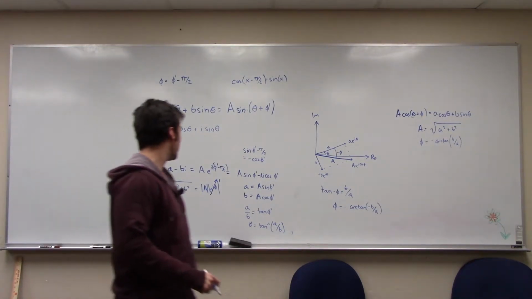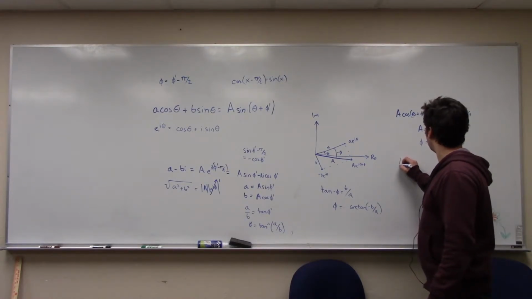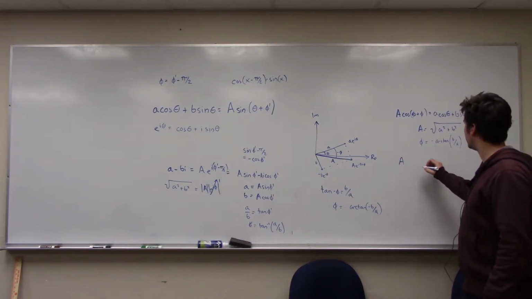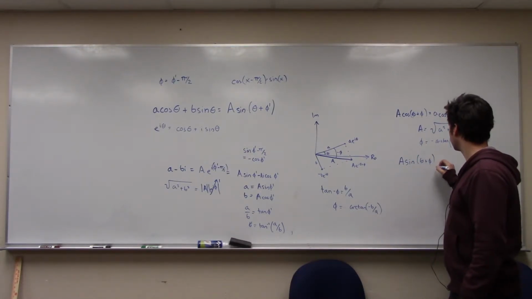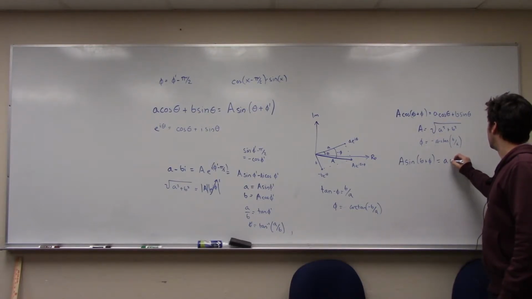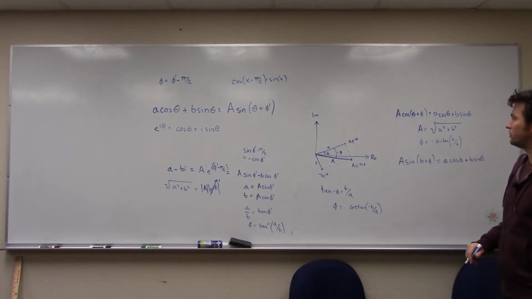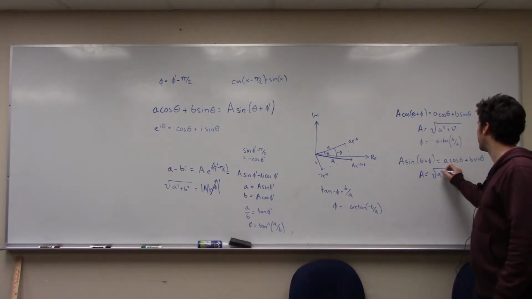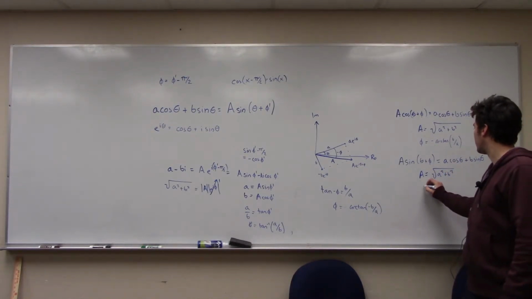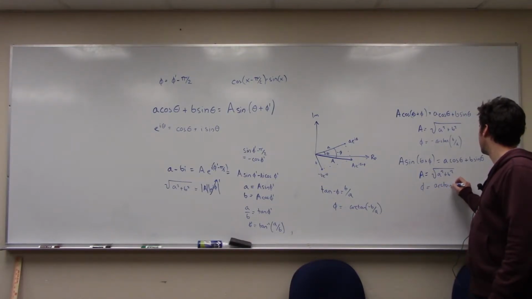Okay, so we've created another trig identity here. If we want to express the sum of a cosine and a sine as a sine function that's phase shifted, then we have a very similar expression. We still have an amplitude A equal to the square root of a squared plus b squared, and our phase is now just arctangent of a over b.